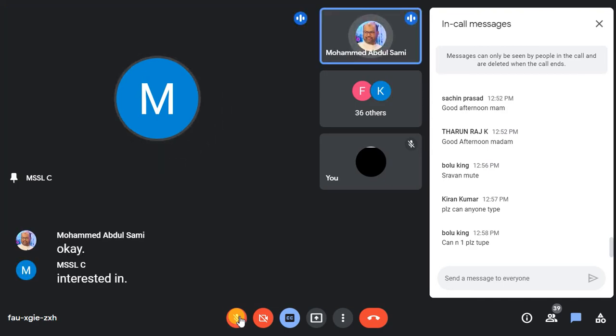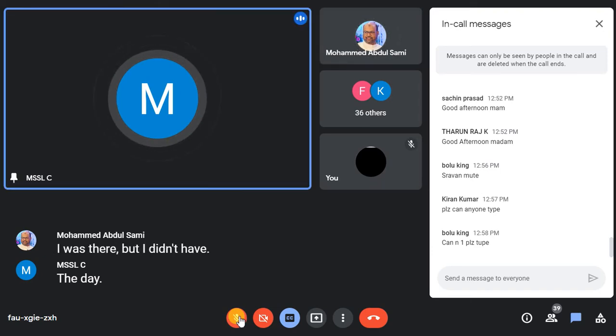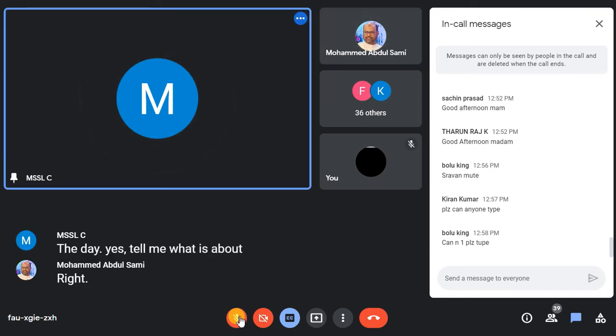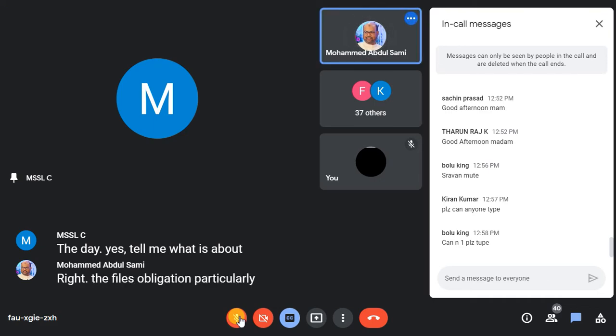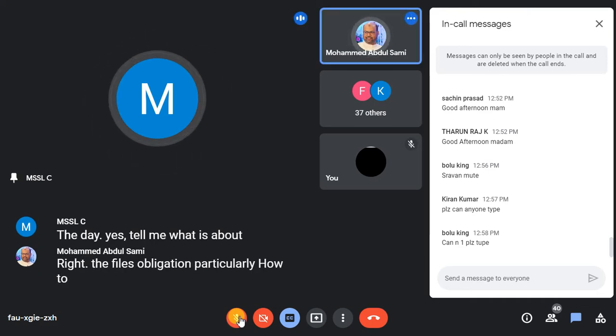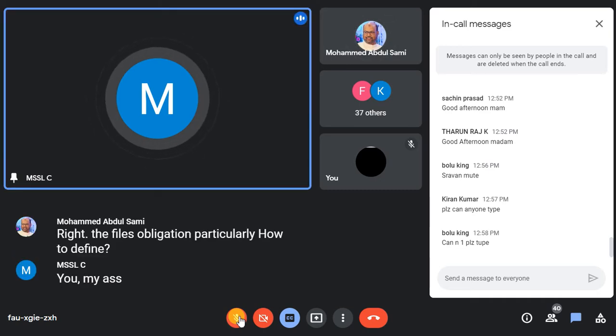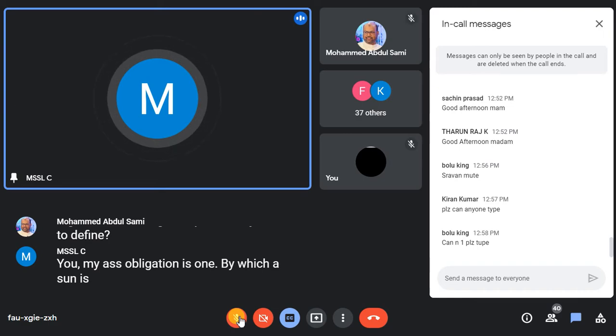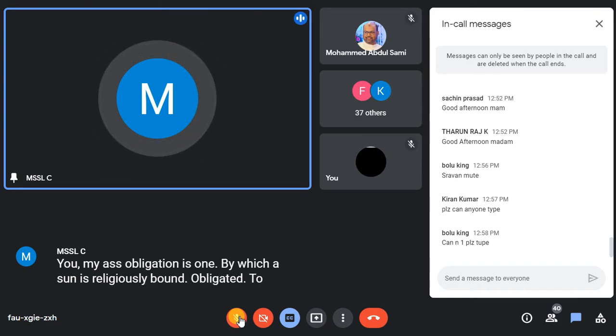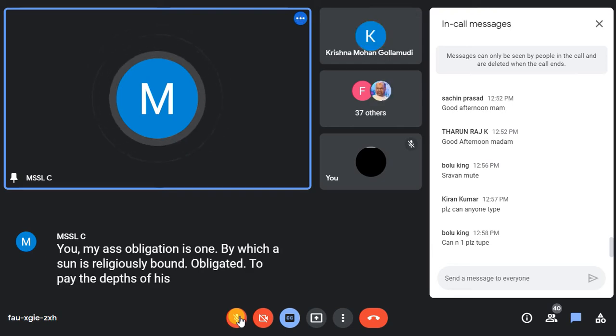I was there, but I still have some doubt. Tell me what is the doubt. How to define pious obligation particularly? Pious obligation is one by which a son is religiously bound, obligated to pay the debts of his father.